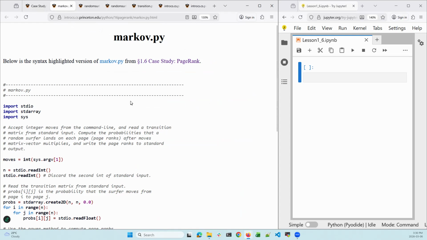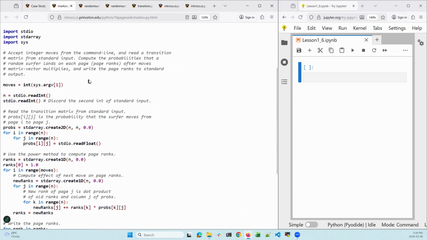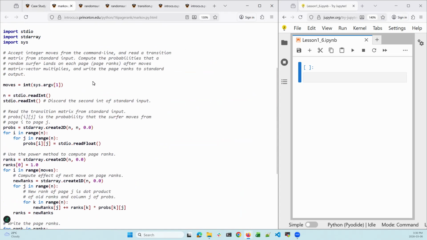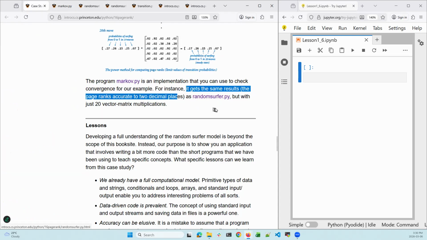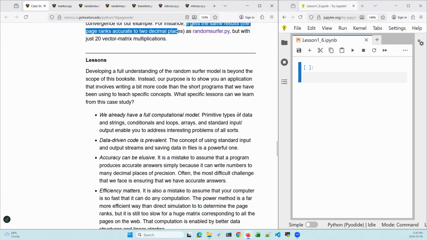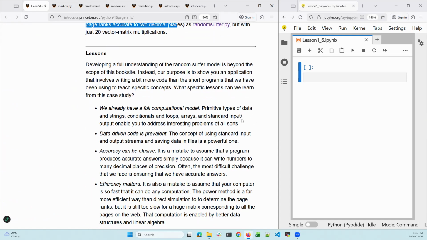So here's the Markov.py file showing the code to create the different matrix-vector multiplications and write each page rank to standard output. I'm not going to run through this code. You can do this yourself because it can become quite technical. This is more of an intro video walkthrough, so I'm not going to delve too much into this code.